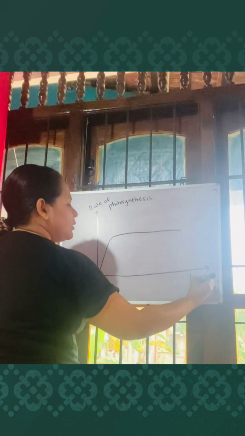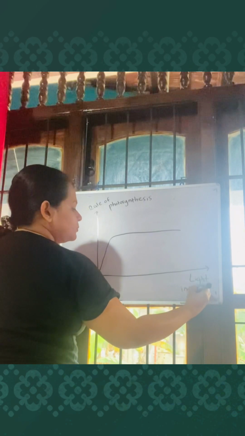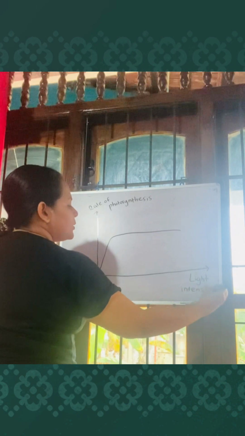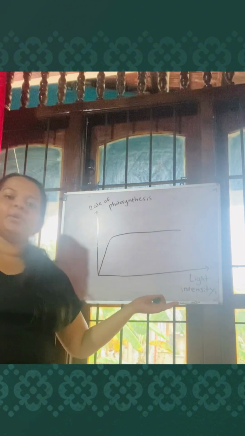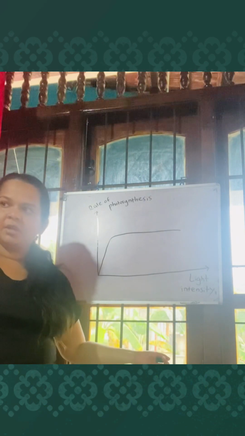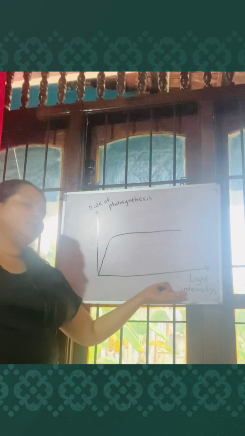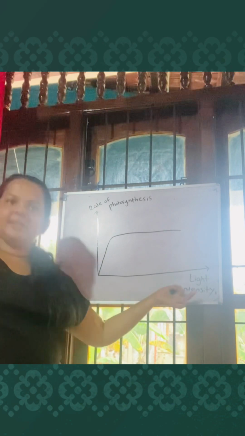Here we are using one factor. We can also put carbon dioxide or temperature here. Understand? When you are drawing the graph using this limiting factor idea, you use the changing factor on the x-axis, and you have the rate of photosynthesis here.